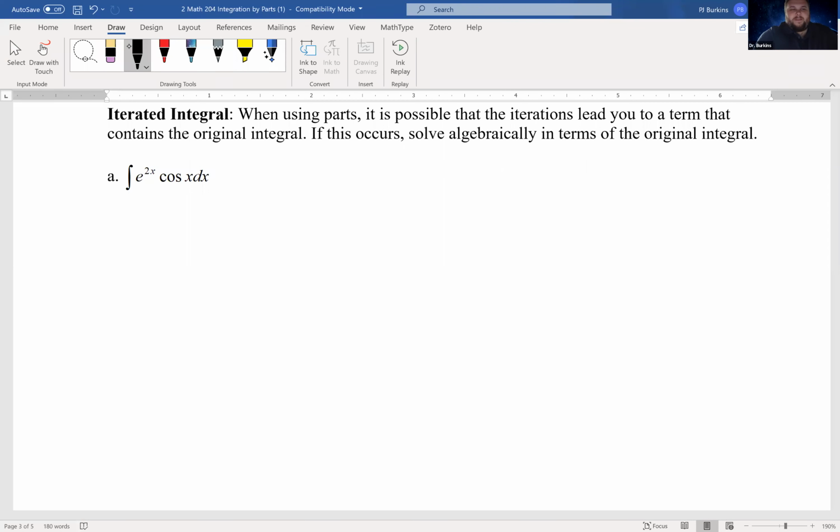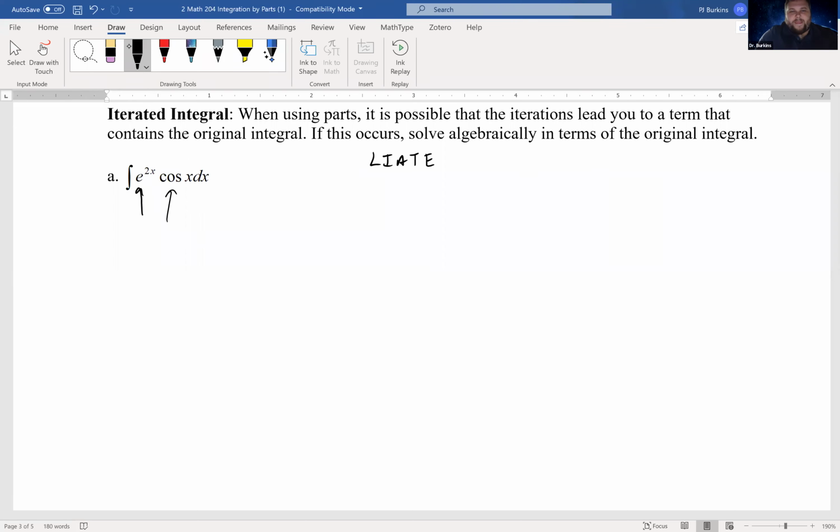So notice there are 2 functions. I can choose a u and a dv. The question is, which one do I choose? We have that little LIATE that we came up with yesterday, and that told us which one to choose.